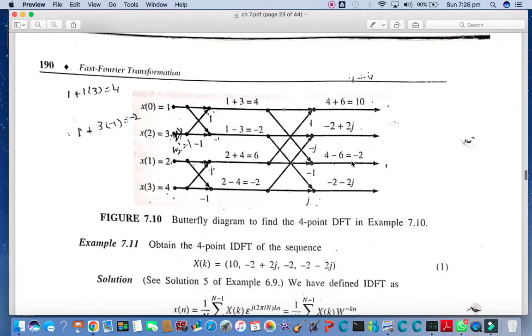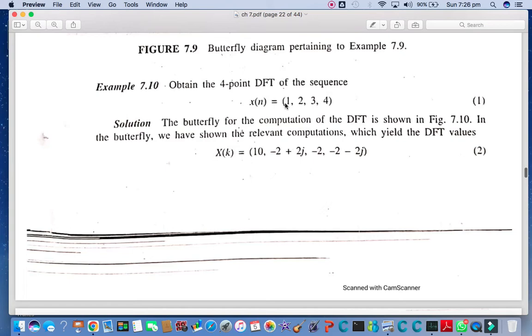with the help of the butterfly method. In this butterfly method we have 4 lines for 4-point samples, and we have the samples 0, 1, 2 and 3. So this is at the 0 time, this is at the 1 time, this is at the 2 time, and this is at the 3 time.